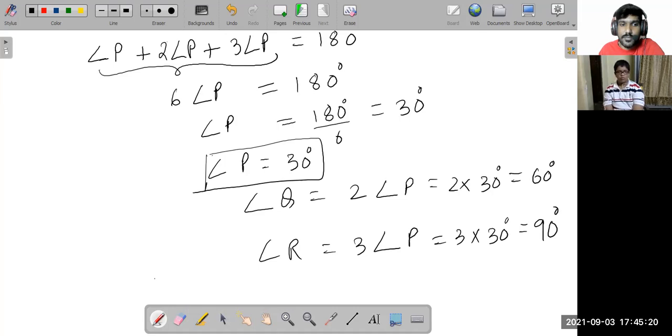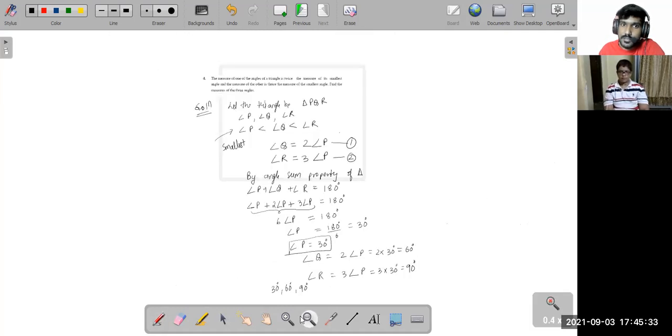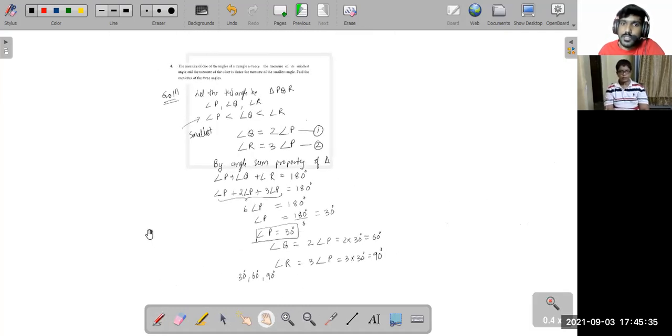So the three angles are 30 degrees, 60 degrees, and 90 degrees. Clear? Can you see the entire sum? Yeah, write it down.